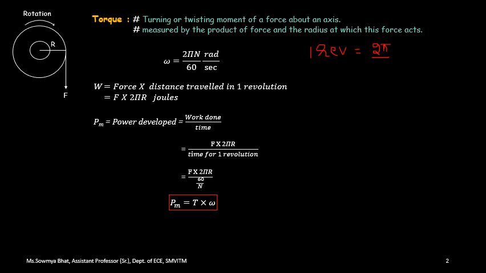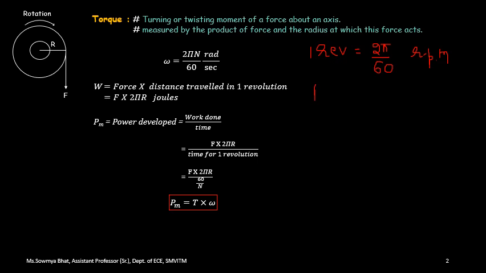So if I want to express it in radians per second, it is 2 pi radians divided by 60. So this will be in terms of revolutions per minute. For one revolution, it is 2 pi by 60 revolutions per minute.